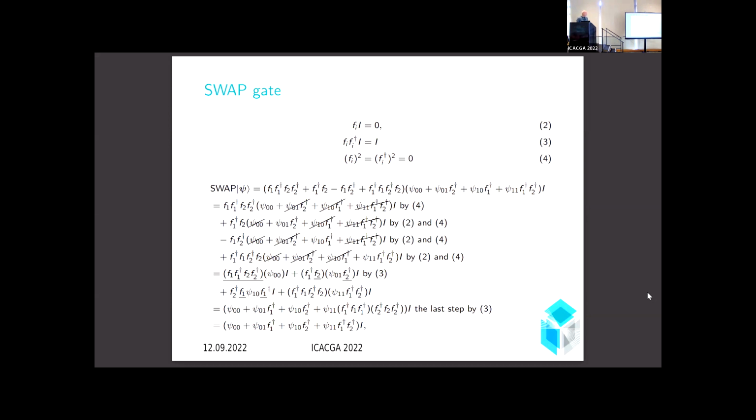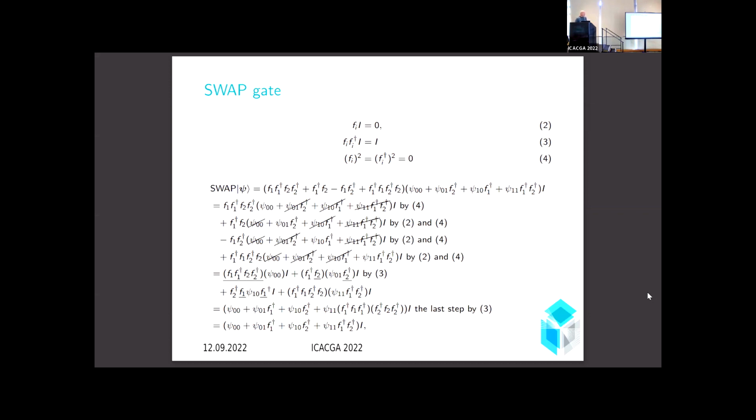We will receive these 4 parts, and the cross is using the identity 4. This part vanished, and this underlined part is using the identity 3. And after some computation by hand, we will receive this. And finally, we will receive this element.